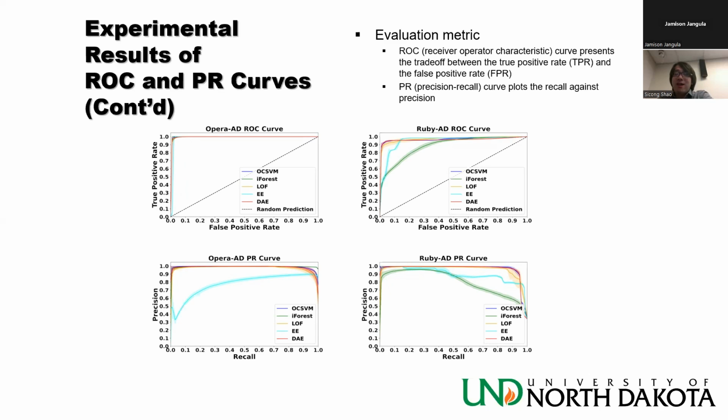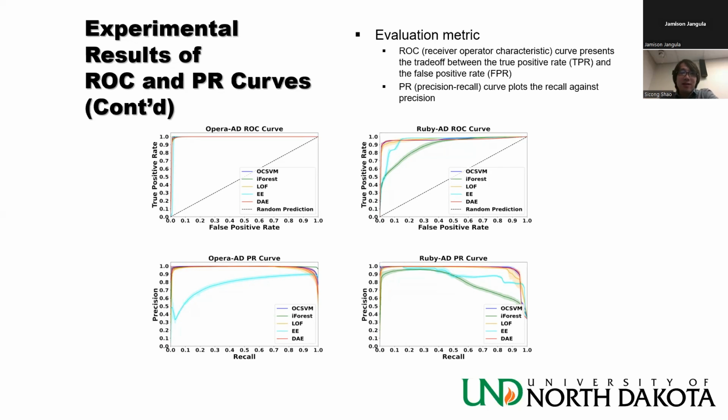Okay, however, maybe you can notice that the LOF, local outlier factor based anomaly detection algorithm, also shows a good performance, but the problem is it also shows a higher standard deviation of true positive rate and the precision.